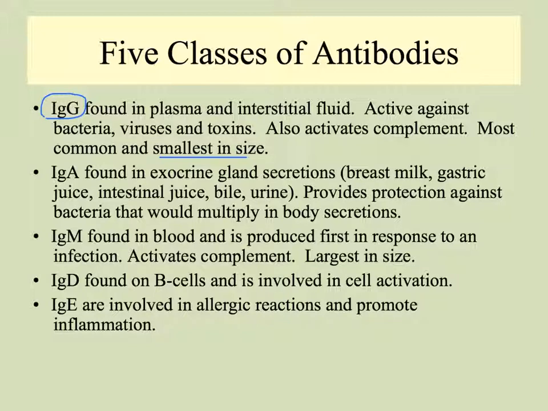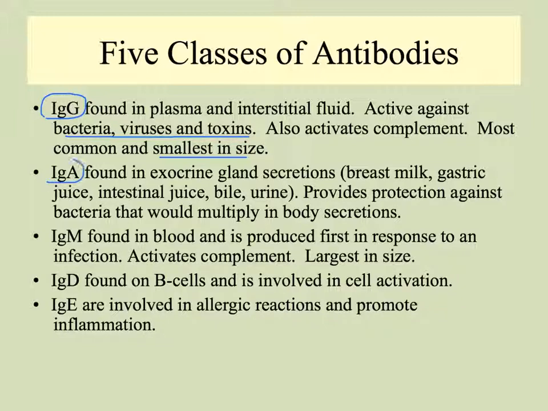So when a child is born, it has a certain amount of immunity given to it by its mother, through the IgG moving into the baby's body while it is still developing. It is active against bacteria, viruses, and various toxins. It is the most abundant and most active immunoglobulin in our body.